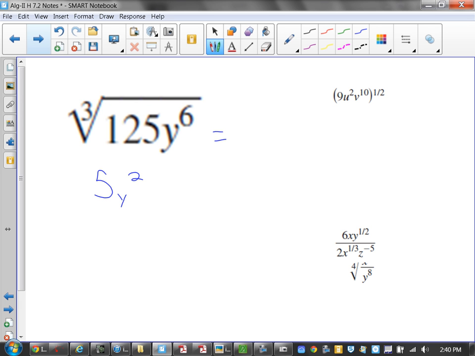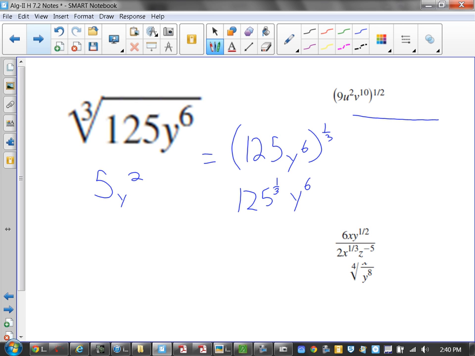Do you agree that this is the same thing? Do you agree that's the same thing? All raised to the 1/3 power. 1/3 power, you distribute down. So you have 125 to the 3rd, and then you have y to the 6th to the 3rd. Isn't that power to power? When you multiply together, what's 6 times 1/3? 6 over 3, otherwise known as 2.